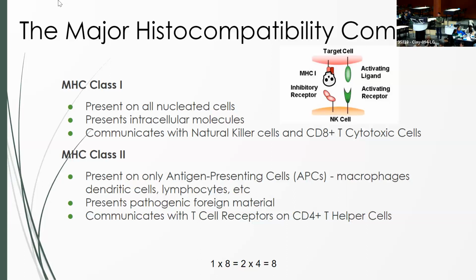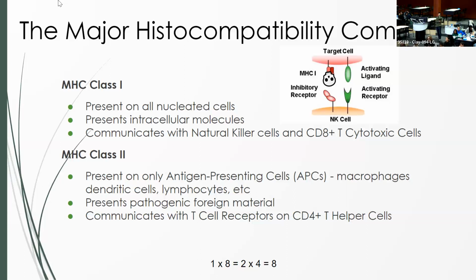So it's almost like a display window, right? So you can know what is going on there and just sample some things out. And when it samples MHC class 1, which presents a pathogen, like a viral fragment, for example, that is how it will be activated and communicate. The MHC class 1 will communicate with the natural killer cell and the CD8 T cytotoxic cells.